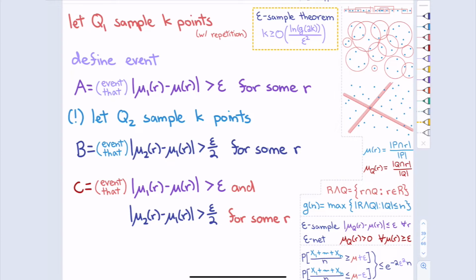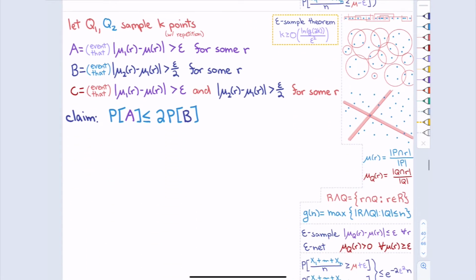It's not actually A and B, because otherwise you could have different ranges for the conditions. So it's the event that for a single range R, mu1 is wrong and mu1 and mu2 disagree. A weird, curious setup.